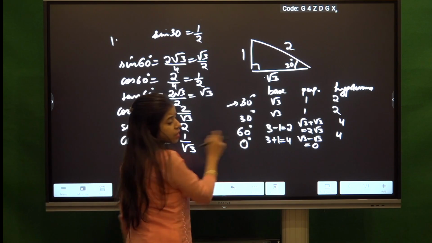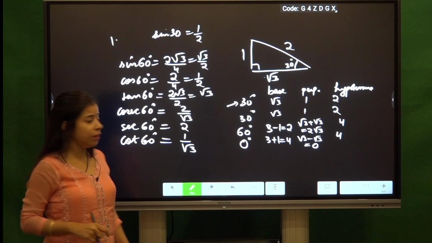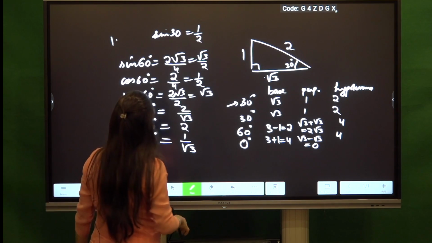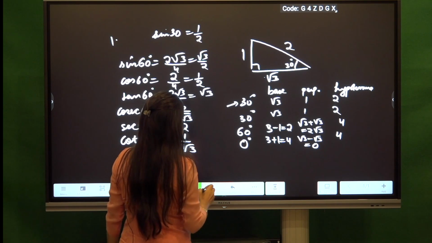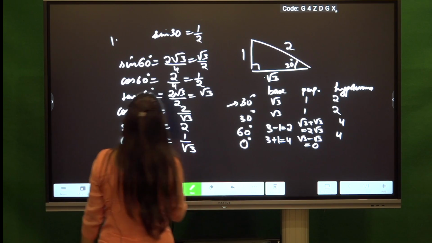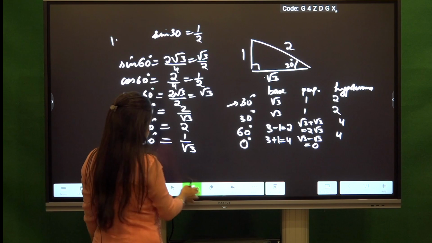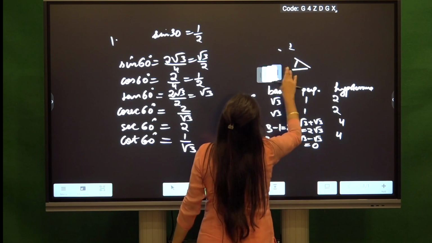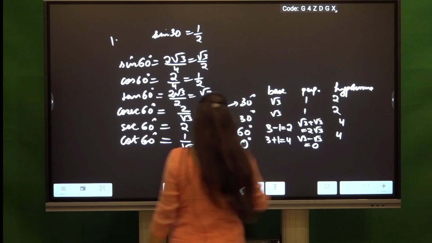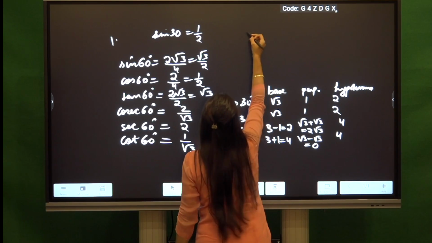Even if we can discuss 0 degree, let us see what will be the result for 0 degree. What will be sin 0, cos 0 and so on.